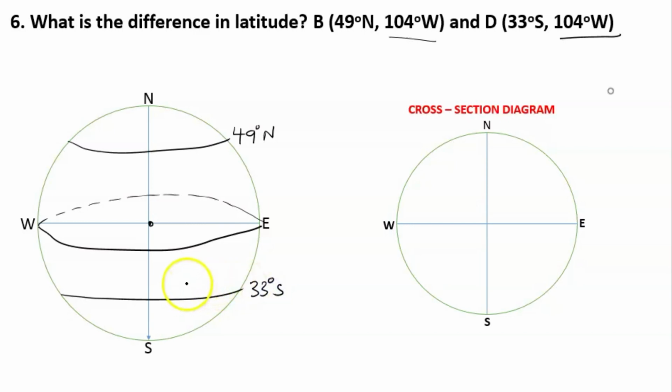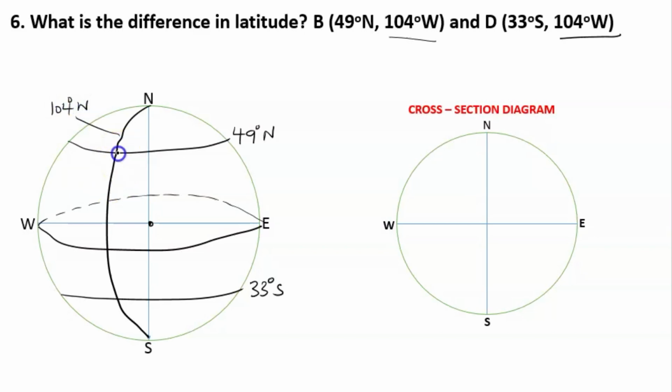Now, they have a common longitude, which is what we normally say is fixed. That is 104 degrees west. So from here down, 104 towards the west. Just make a convenient one towards the west. This is 104 degrees west.